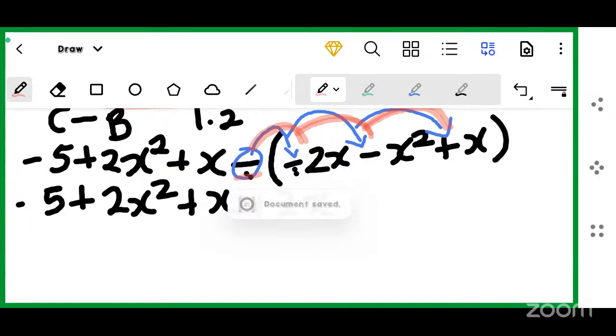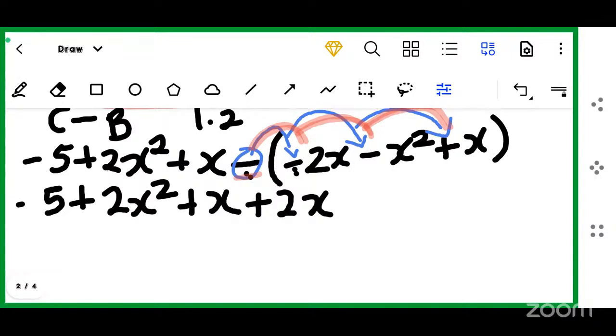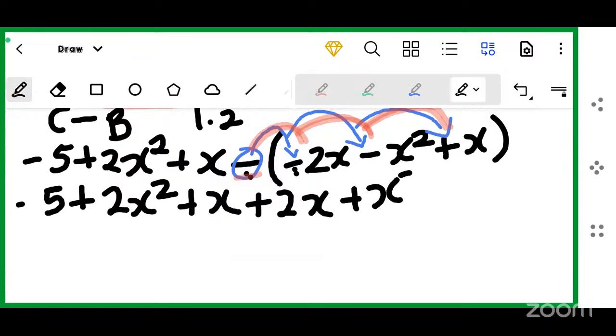So what is negative 1 multiplied by negative x squared? Equals positive x squared. So it's plus x squared.